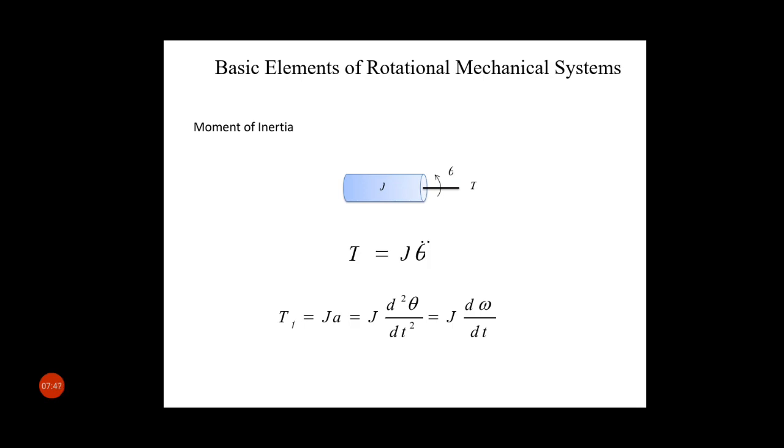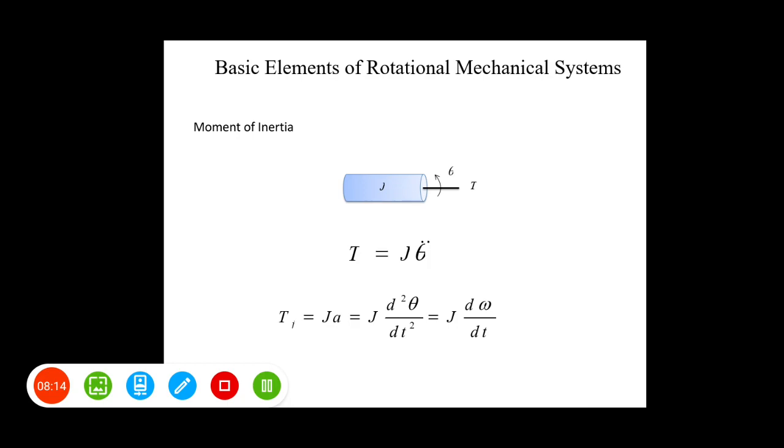So omega is the angular velocity, expressed in radian per second, and α is the acceleration, with unit radian per second squared. And T_J is the reaction torque, and its unit is Newton meter. So these three are the basic elements of a rotational mechanical system.